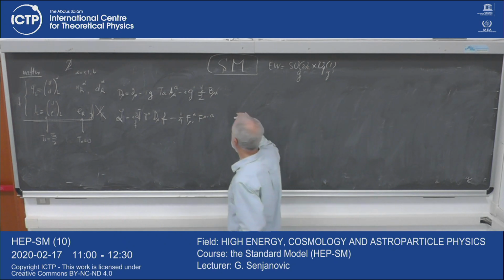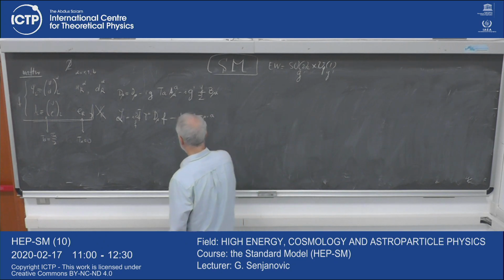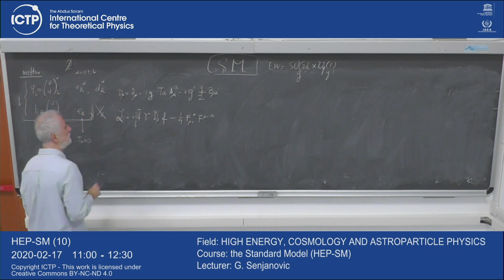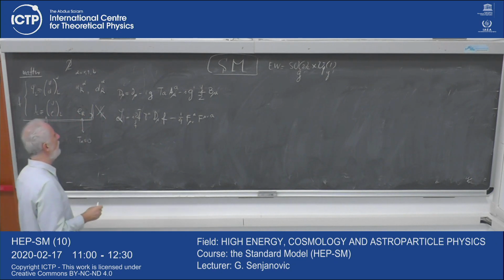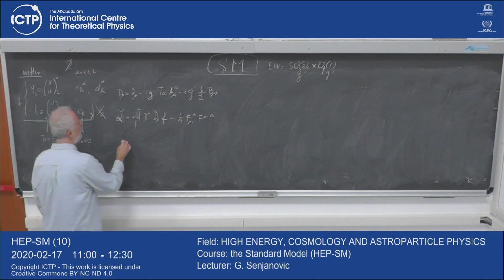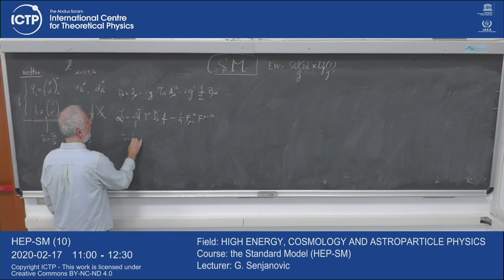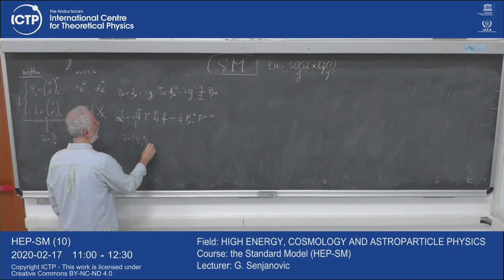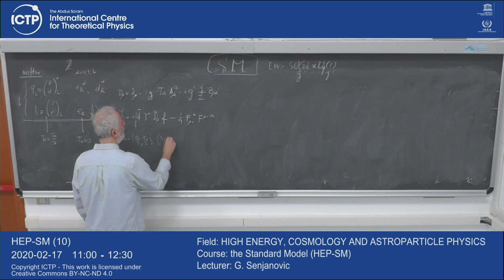So let's see, let me write the d mu piece. I'm going to separate, inside TA, sigma 1 over 2, sigma 2 over 2, separately sigma 3 over 2, and Y over 2.